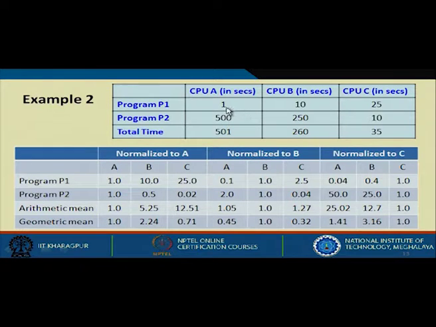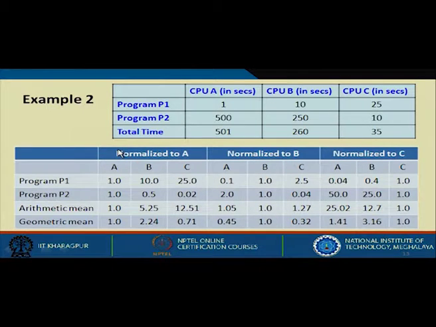So, this is 1, 10 divided by 1, 25 divided by 1. Similarly, how do you get 1 here? You get 1 here by dividing by 500. So, this has become 1. You divide by 500, it will become 0.5, and you divide by 500, it will become 0.02. So, all these values are normalized with respect to A.